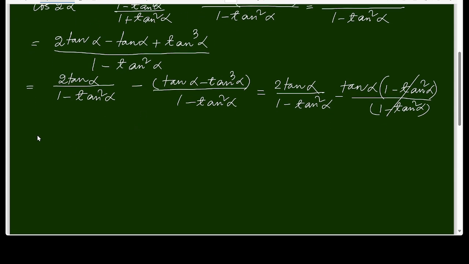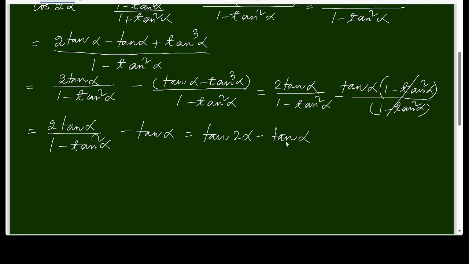So we are getting 2 tan alpha by 1 minus tan square alpha minus tan alpha. The first term is tan 2 alpha, we know. So tan twice alpha minus tan alpha. So each term equals tan 2 alpha minus tan alpha.